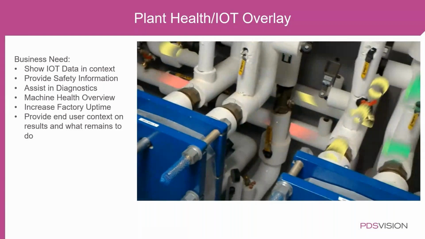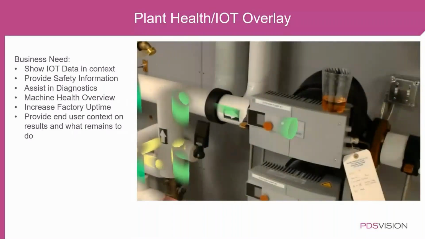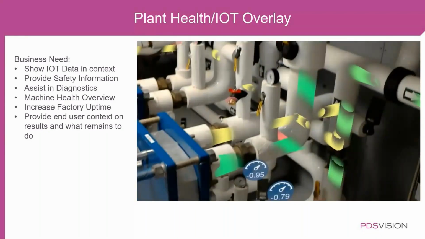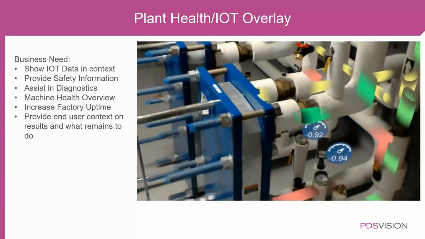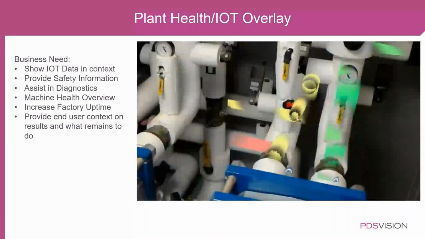They had an issue where they needed to know, is there pressure behind that valve? And they had it all IoT'd up, but the actual display of the IoT data was in the room. So the user would have to be all prepared to do this maintenance procedure and then leave the room and go check that to confirm and then come back.